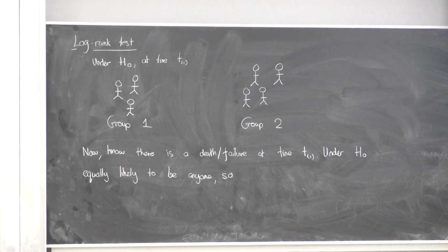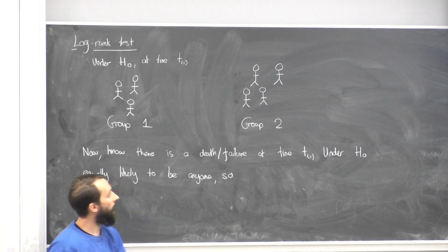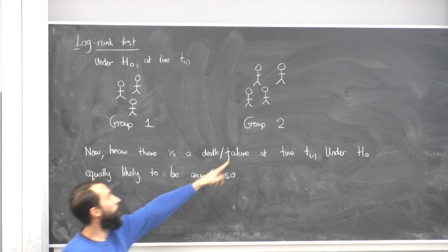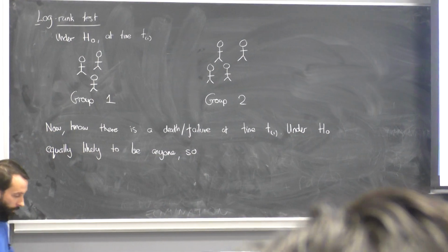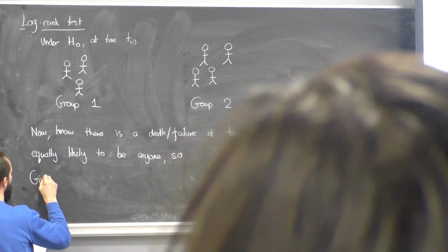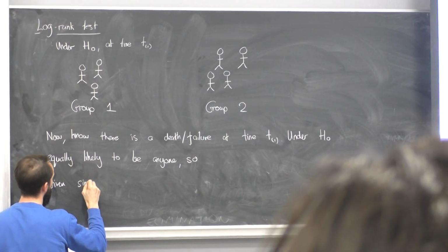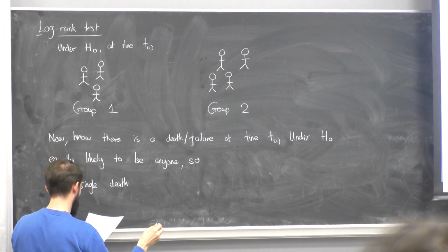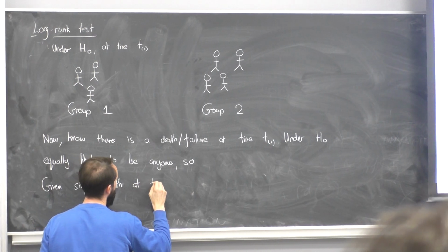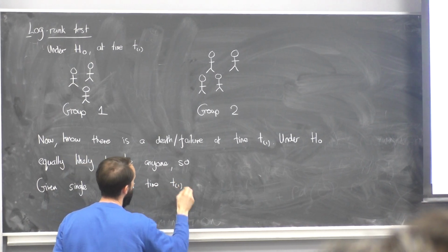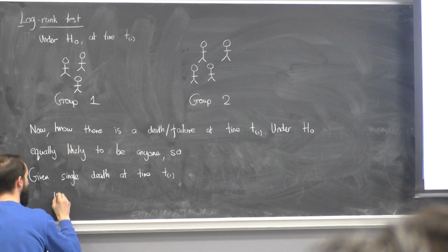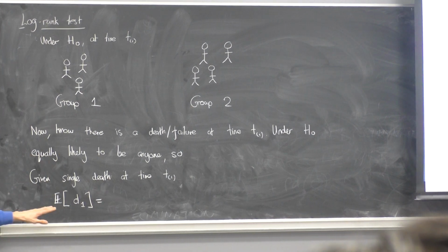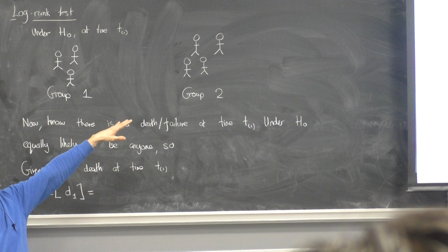So I can work out, given there's a death or a failure at that particular time, what's the expected number of people who would have failed in group 1, and what's the expected number of people who will have failed in group 2. So given a single death at time T1, the expected number of deaths in group 1 is equally likely to be any of those 7 people.